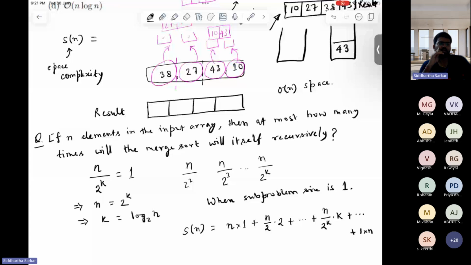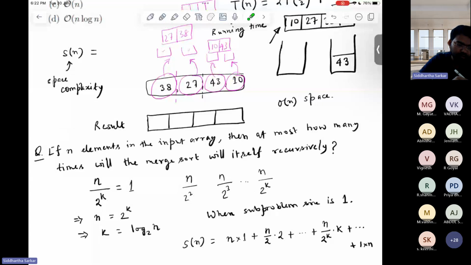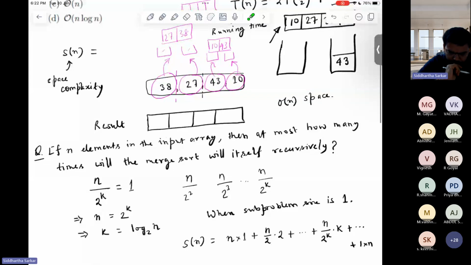So that much space will be used, isn't it? So that is like we're counting the size of the array that we are outputting. So at every call of the merge sort, we are outputting something. So this is expected. Okay.